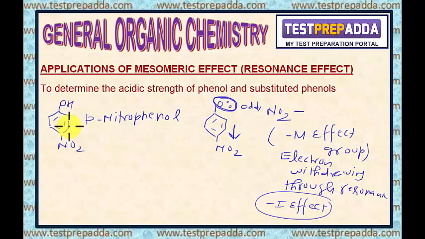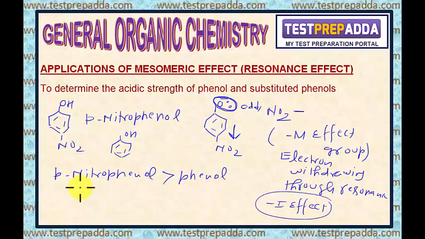So if I compare this with normal phenol, the conjugate base of this phenol is more stable as compared to this. That is why para-nitrophenol will be more acidic than normal phenol. This is the acidic order.